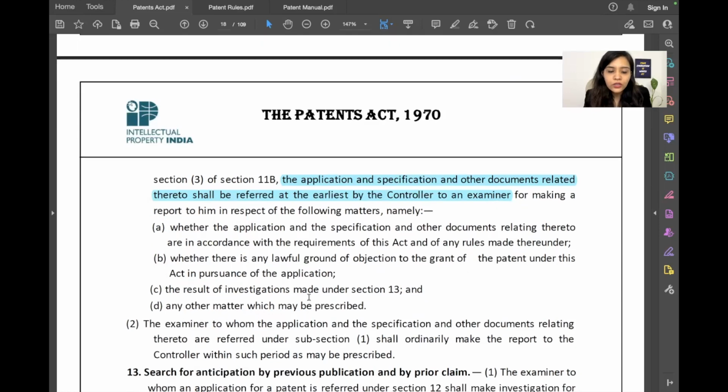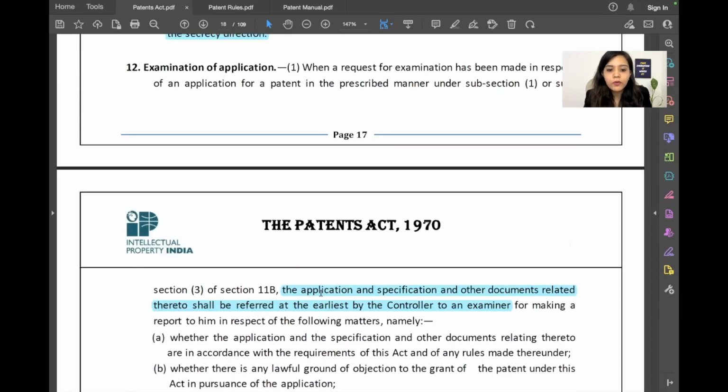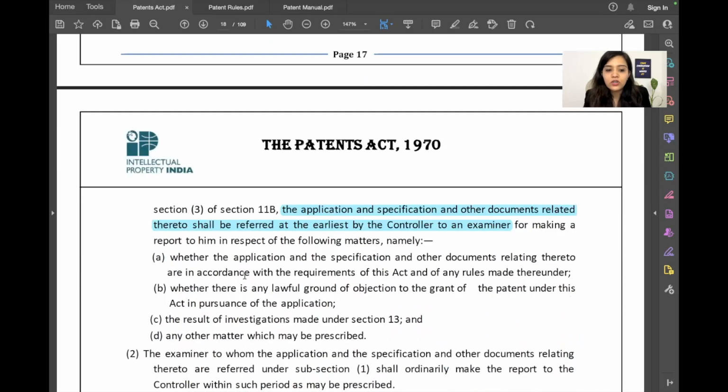I'm not going into detail of section 12, but whenever you file a request for examination, it goes to the controller. The controller then transmits all the documents associated with your application to the examiner.